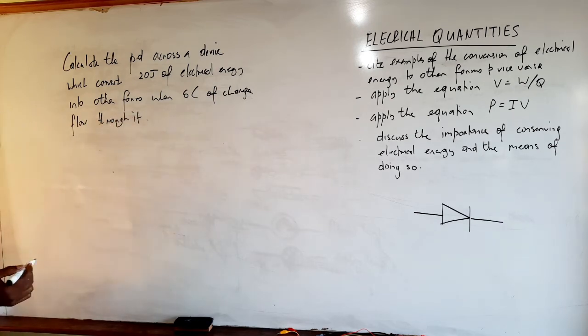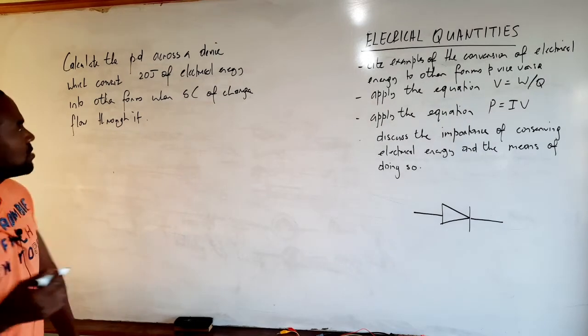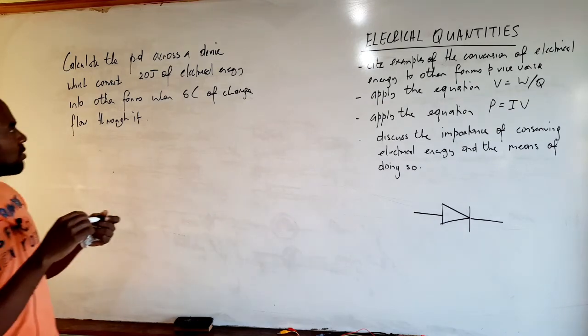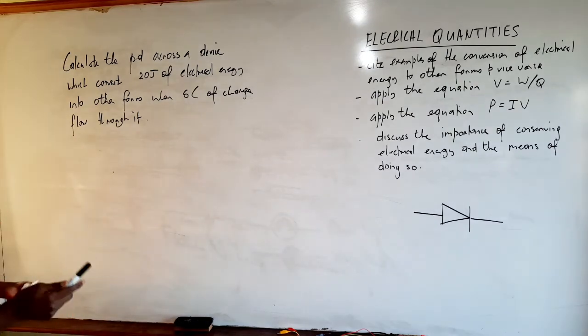Right? So this is just a make-up question. So it says calculate the PD across a device which converts 20 joules of electrical energy into other forms when 5 coulombs of charge flow through it.